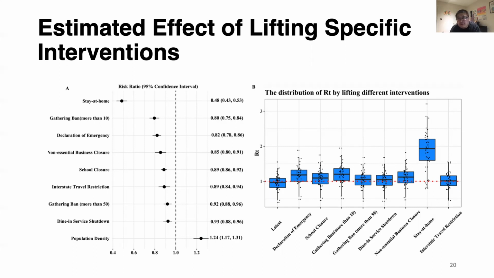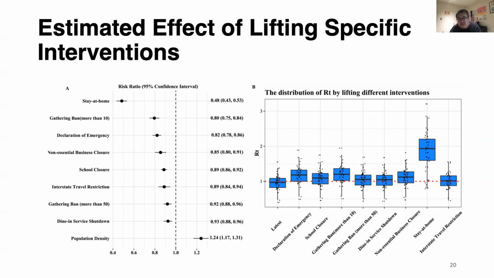For each state, the population density, per capita GDP, median age, testing rate, and testing positive rate are considered as potential confounders. And for figure A, it shows the risk ratio and 95% confidence intervals of each variable on RT from the generalized linear model.